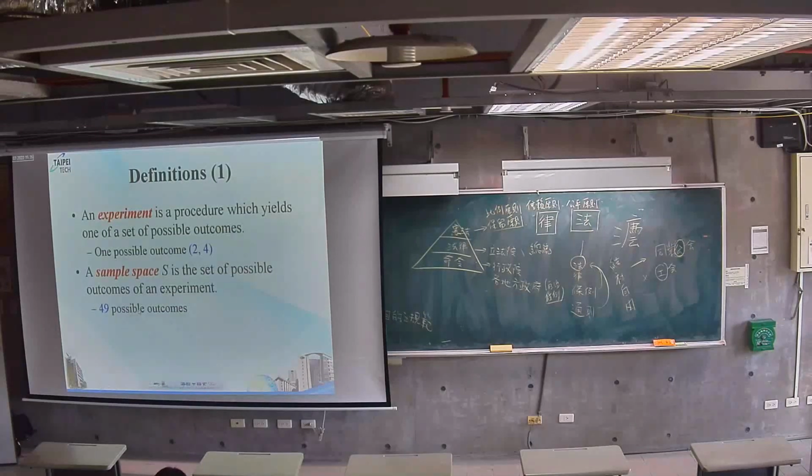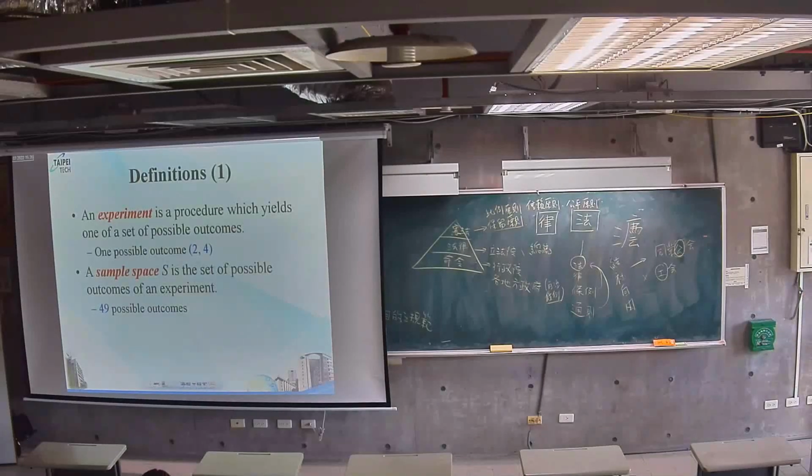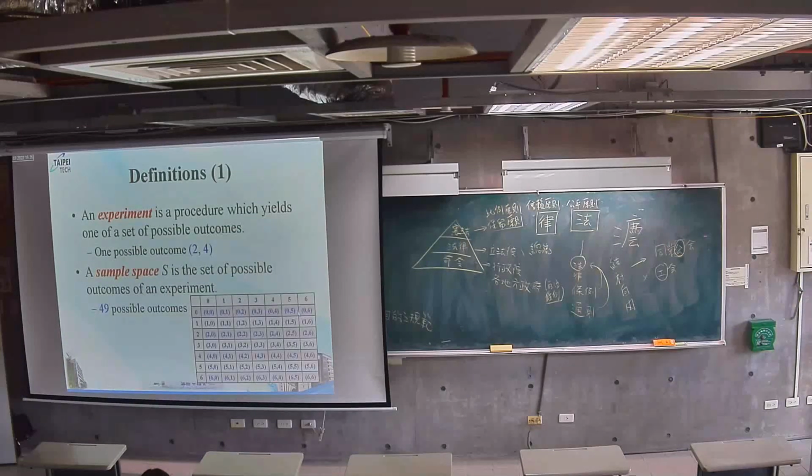So 2, 4 could be one possible outcome. Together they have 49 possible outcomes. This table shows the possible outcomes.